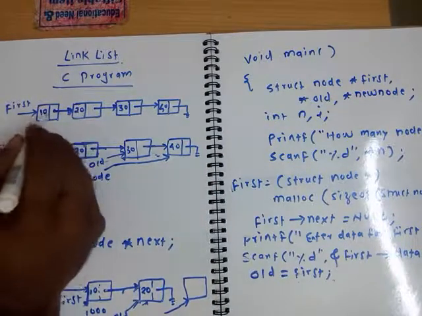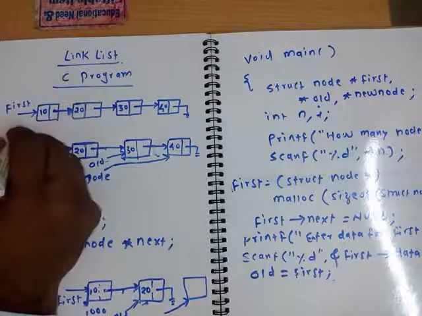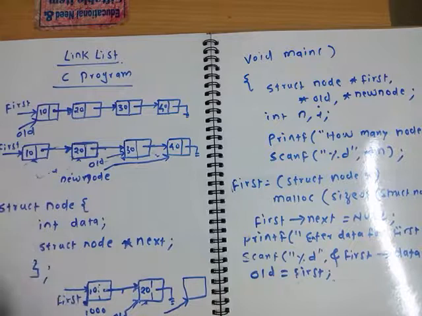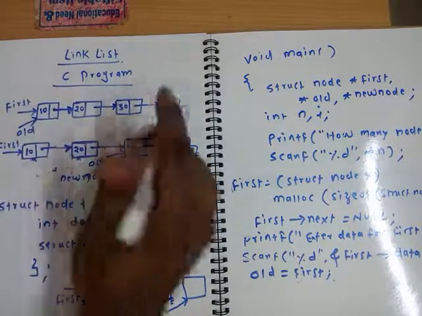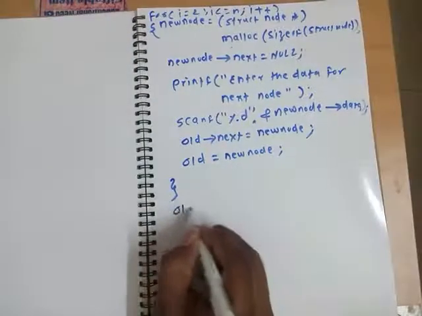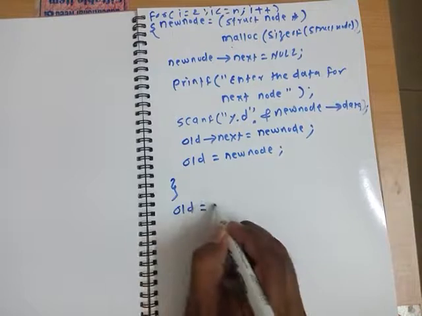So we'd like to bring the old pointer to the first node. The first node is being pointed by the first pointer, and then I'll traverse the linked list till I reach the last node. So to print the linked list, I'll reuse the old pointer and bring it to the first node, right?